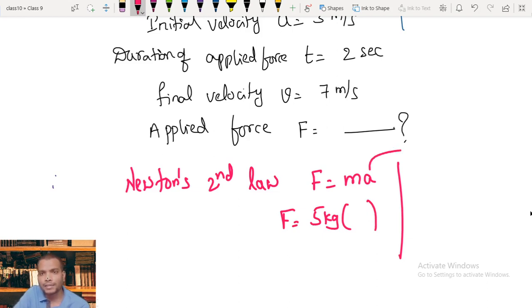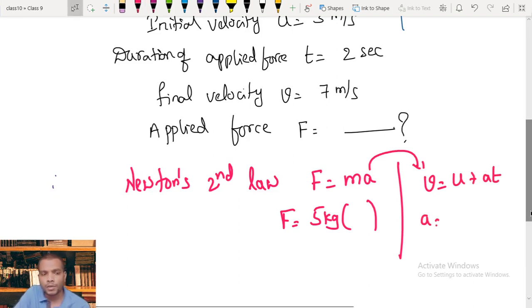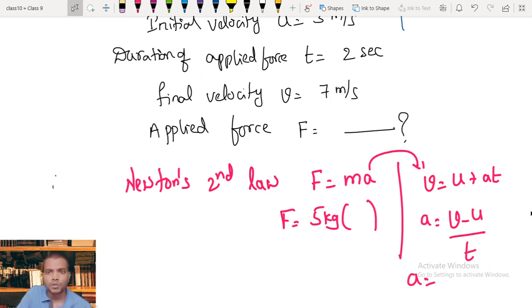To find the acceleration, I can use the first equation of motion, v equals u plus at, so a equals v minus u upon t. We know the final velocity, initial velocity and time, so I can substitute this value of acceleration here. Therefore F equals mass 5 kg times acceleration, v minus u upon t.